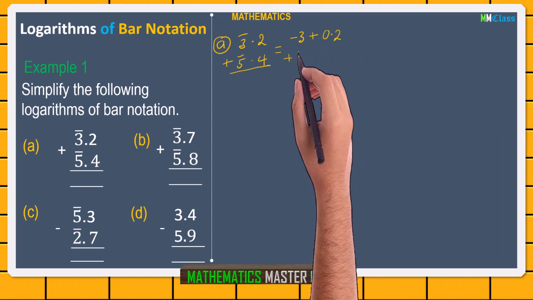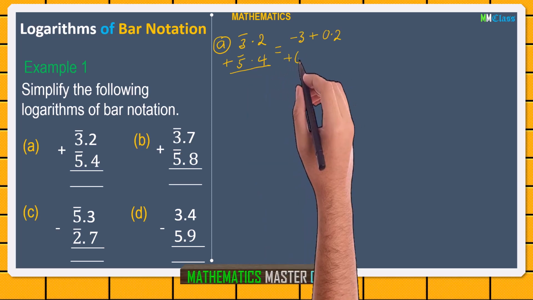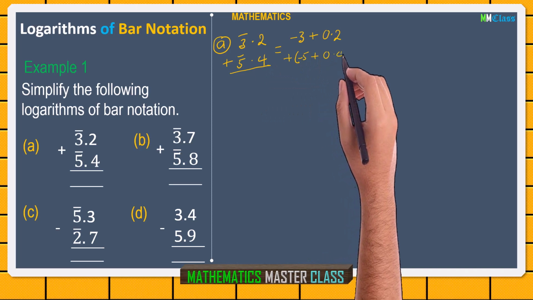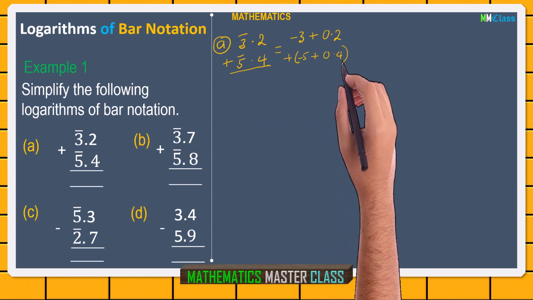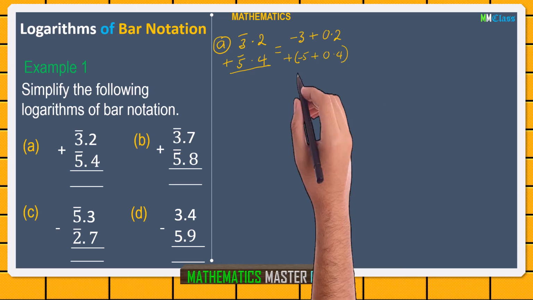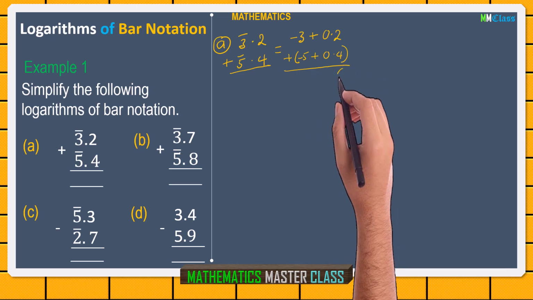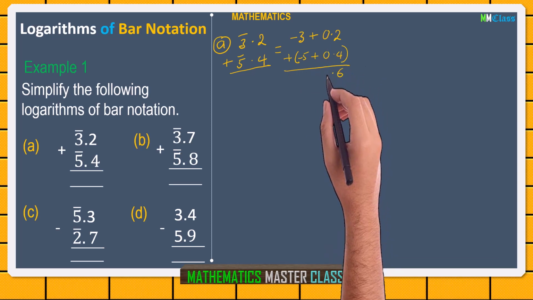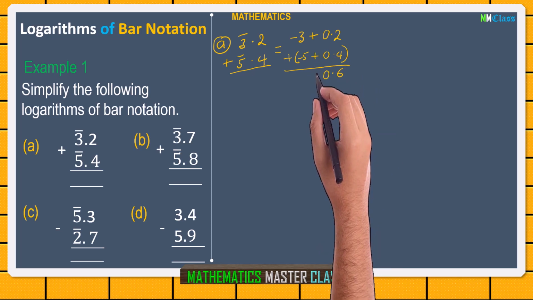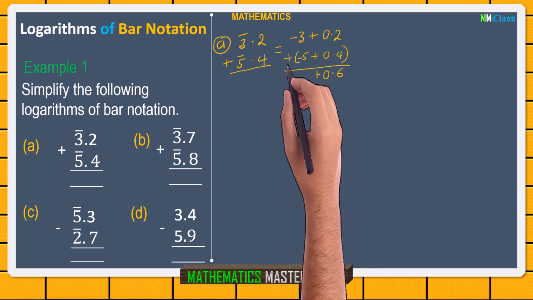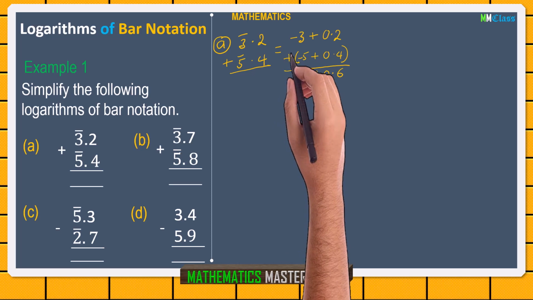Then plus open bracket, bar 5 becomes minus 5 plus 0.4, which becomes 0.4. This is an expansion and it's necessary you do it so that you can add it properly. So we can now perform our operation. 2 plus 4 is 6. 0 plus 0 is 0. Bring down your plus. Remember, you are doing it based on the plus outside the bracket.